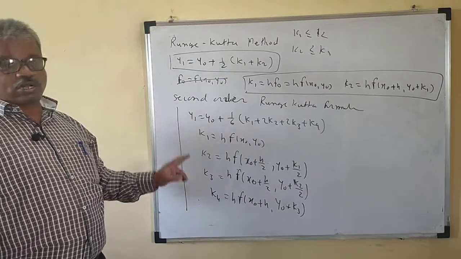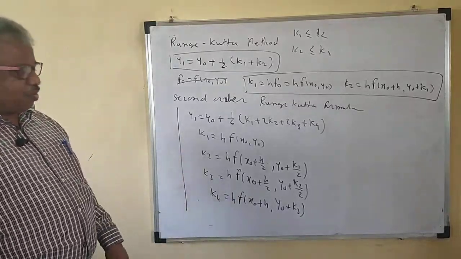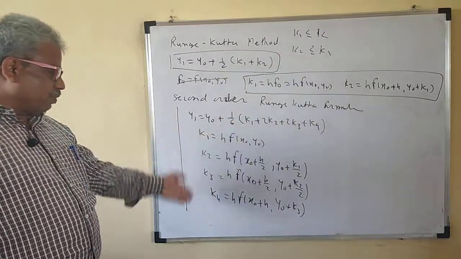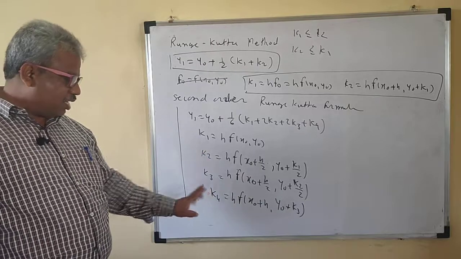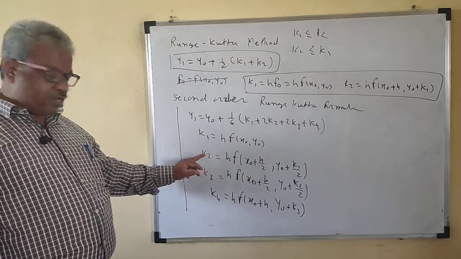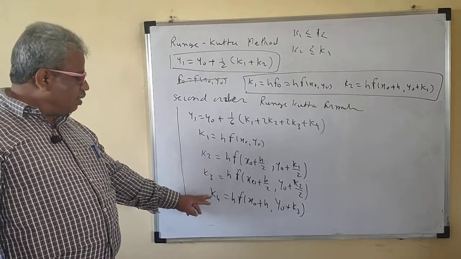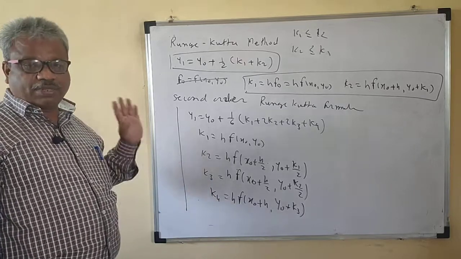This is called the fourth order Runge-Kutta formula, and there are four constants, so you should remember the formulas for k1, k2, k3, k4. Note that k2 is dependent on k1, k3 is dependent on k2, so k3 is also dependent on k1. K4 is dependent on k3, which means k4 is dependent on k2 and k1 also.